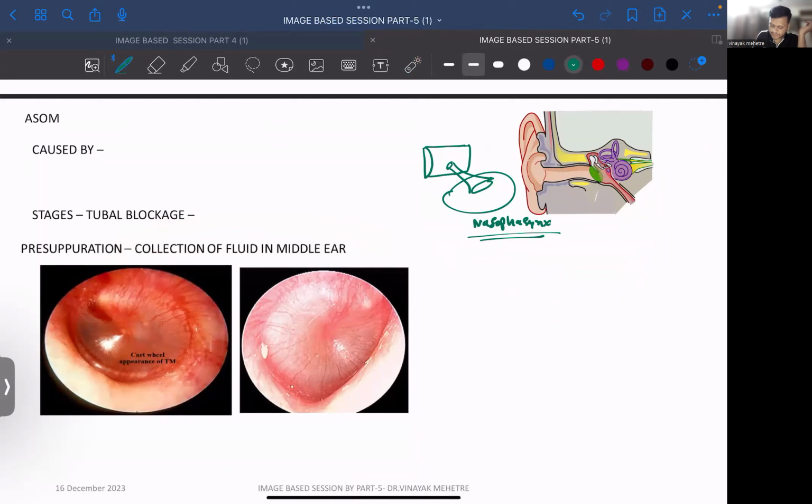This is what you have studied: red, bulged-out tympanic membrane, right? It is found here.